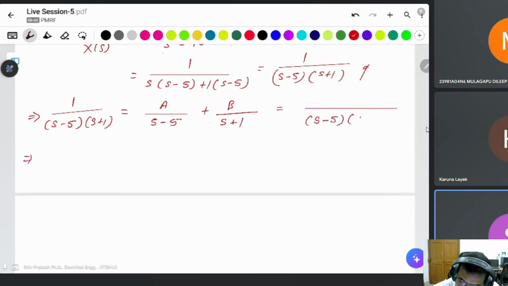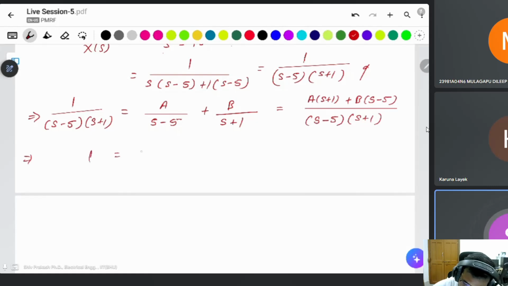This will be a into s plus 1 plus b into s minus of 5. Both denominators are the same, so the LCM will be cancelled out.